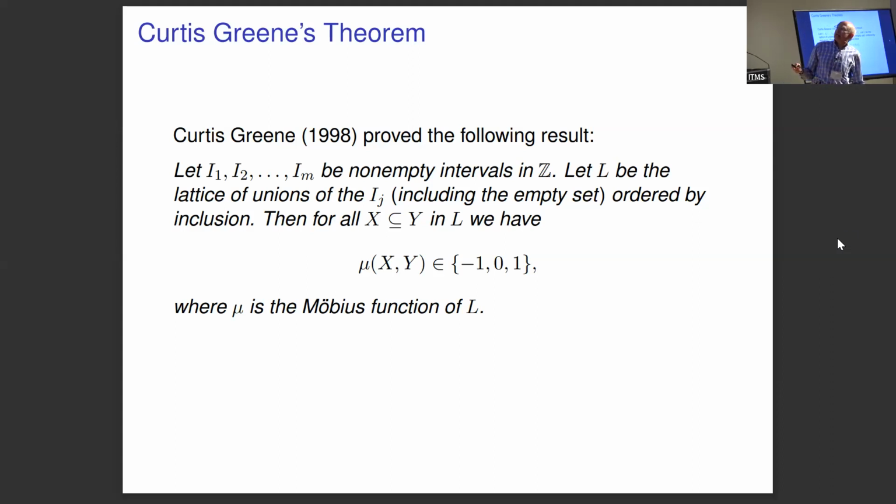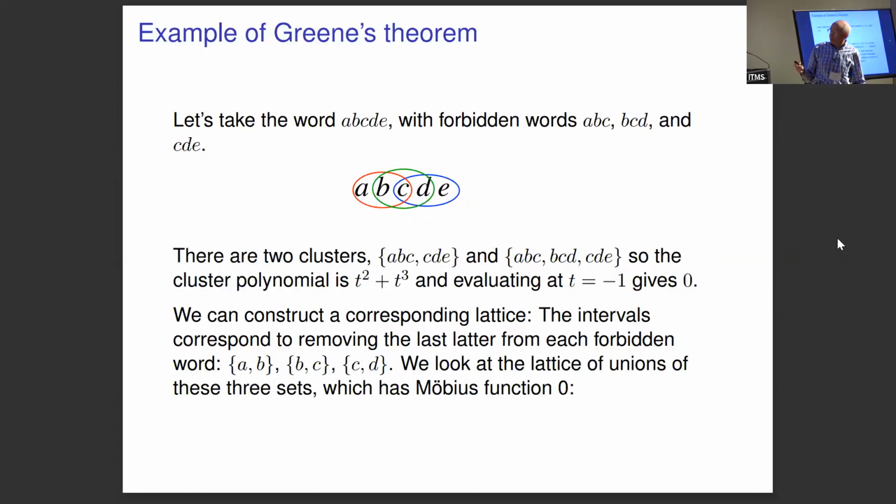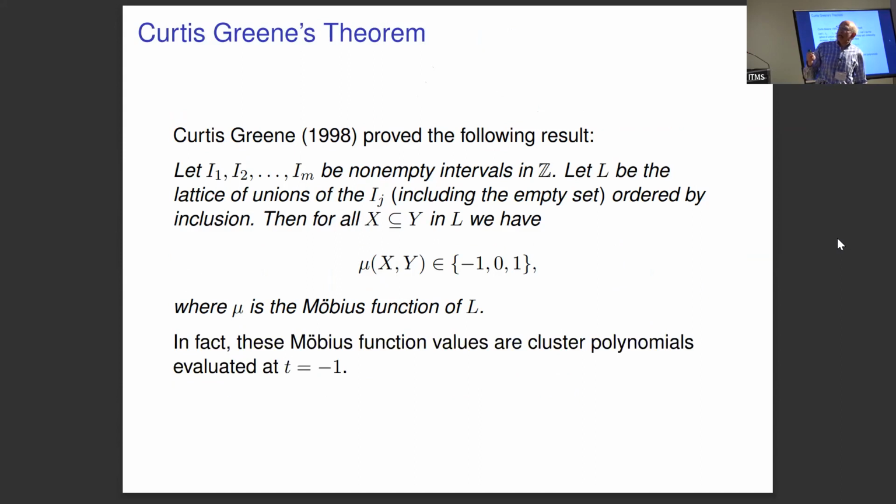It turns out that it's enough to prove it in the case where X is the bottom element, which is the empty set, and Y is the top element, which is what I'm going to talk about. The connection between Curtis-Greene's theorem and my theorem 1 is that these Möbius function values are in fact cluster polynomials evaluated at -1.